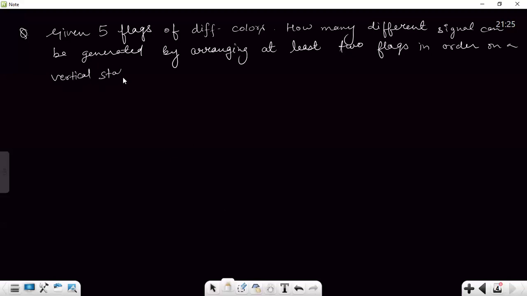Vertical staff means one below the other, or one above the other, basically.